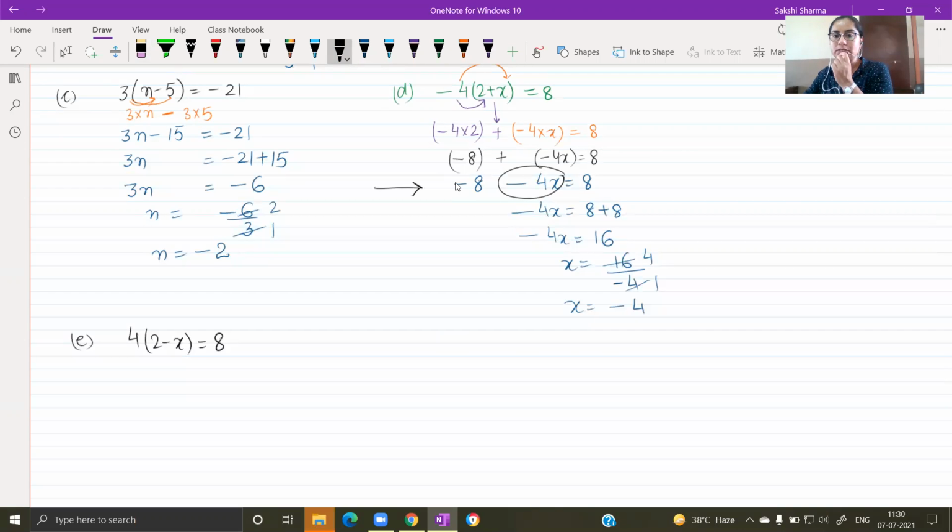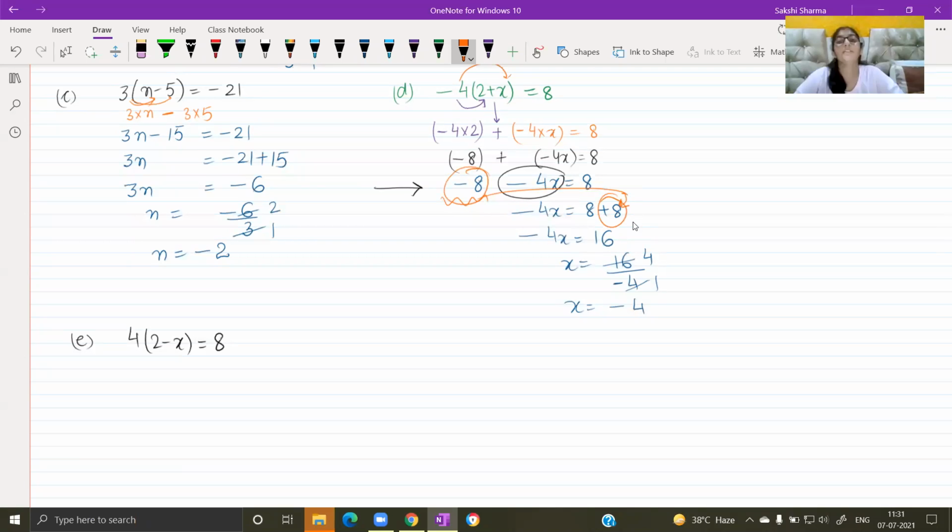Minus 8 I want to take to the other side. This minus 8 I have sent to the other side, so there it will become plus 8. Transposing minus 8 to the other side, it will become plus 8. Ma'am, understood. I think the remaining steps are clear. Anyone else?